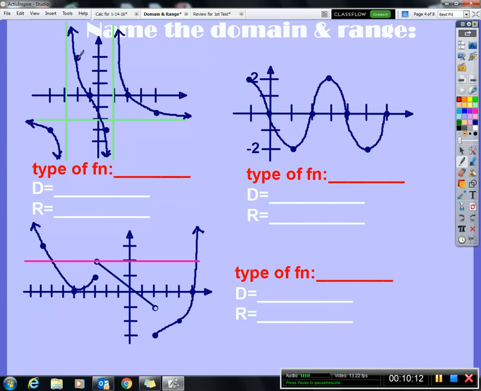You were supposed to find the x-intercepts and y-intercepts, and you always had to decide where the vertical asymptotes were and if you had horizontal or slant asymptotes. Hopefully, rational function is coming to mind. Rational functions are those that tend to have both horizontal or slant asymptotes as well as vertical asymptotes.